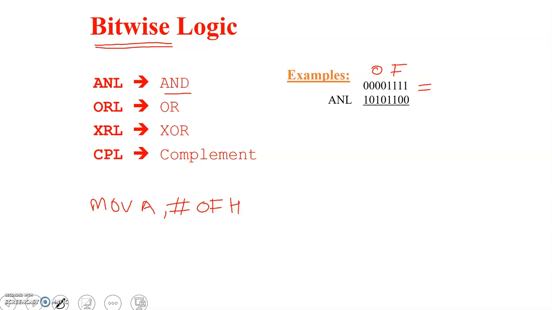So this will save this particular number in the accumulator. Then I am trying to AND the content of A with this number.